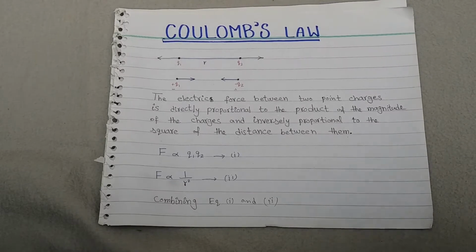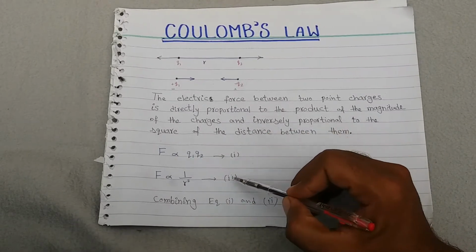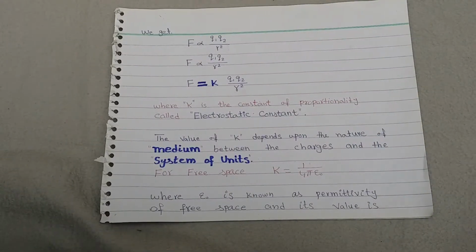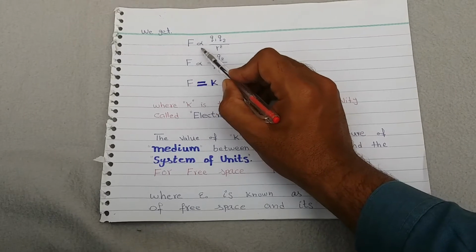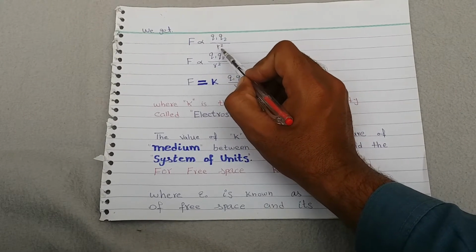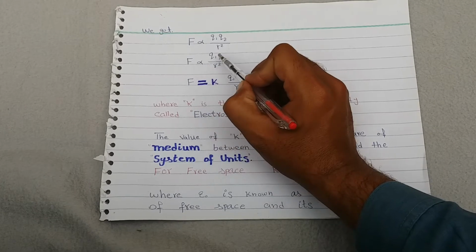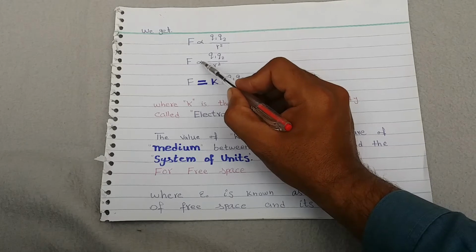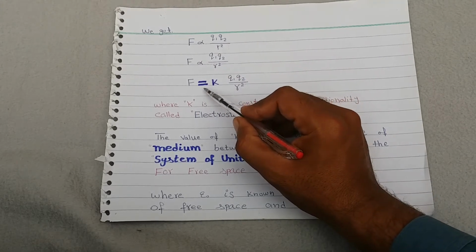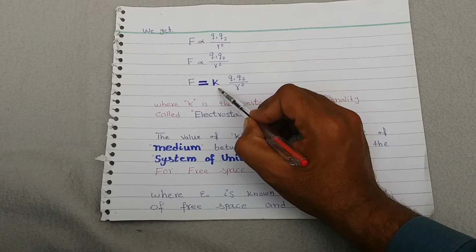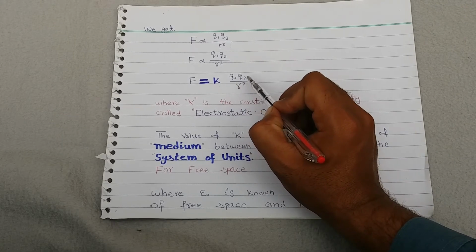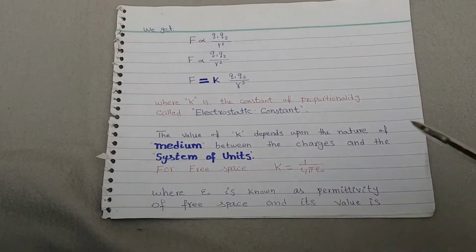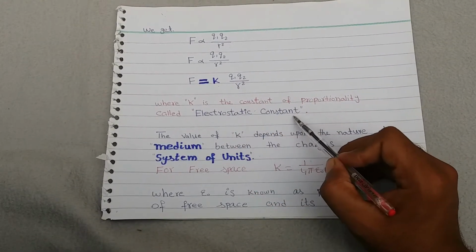If this is equation number 1 and this is equation number 2, combining equations 1 and 2, we get F proportional to Q1 Q2 over r squared. Removing the sign of proportionality, we get an equal sign with a constant: F equals K Q1 Q2 over r squared. Here K is the constant of proportionality, which is sometimes known as the electrostatic constant.